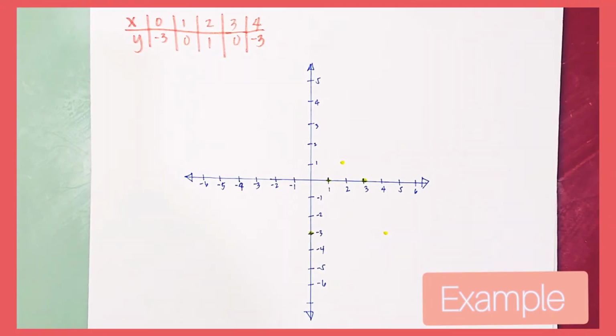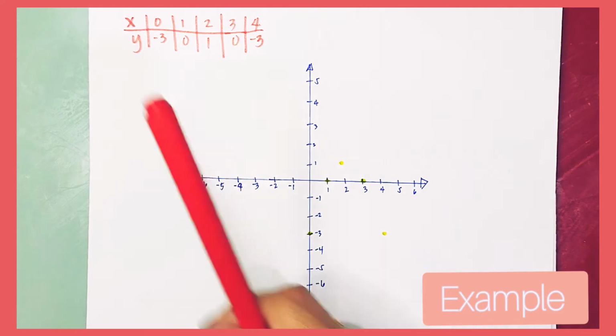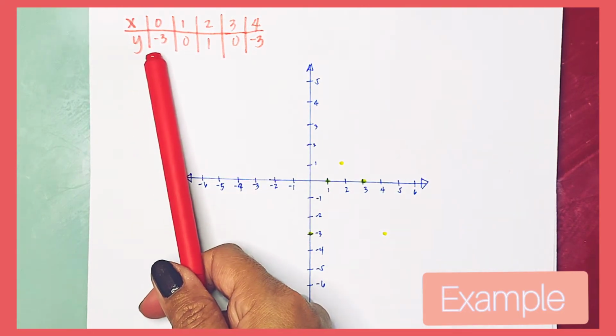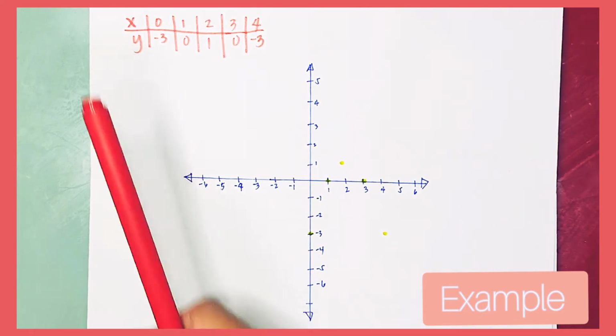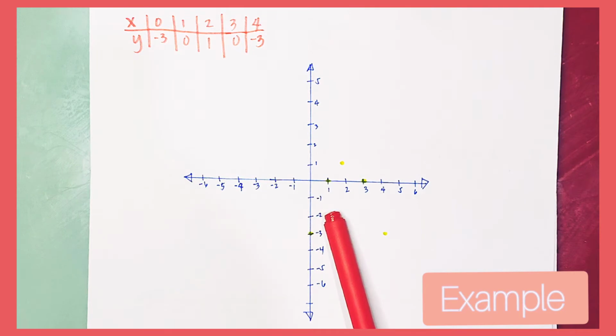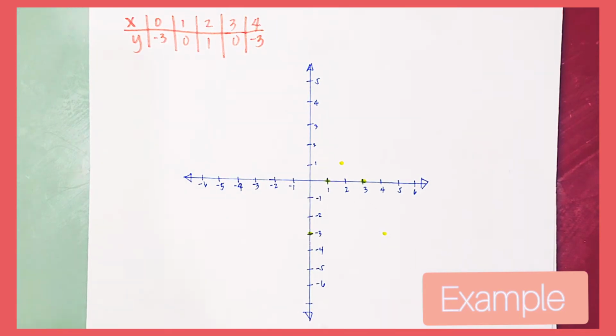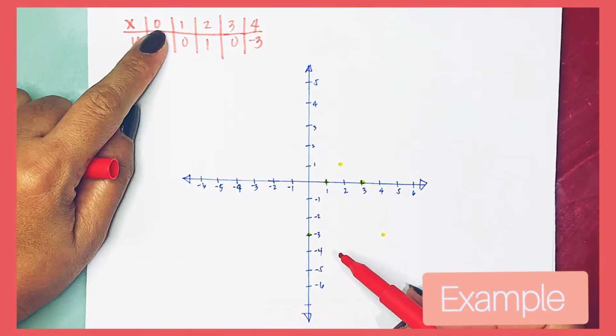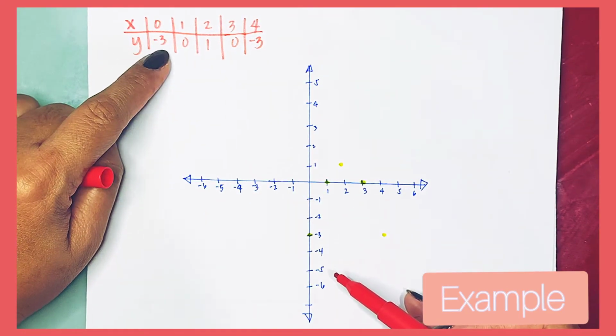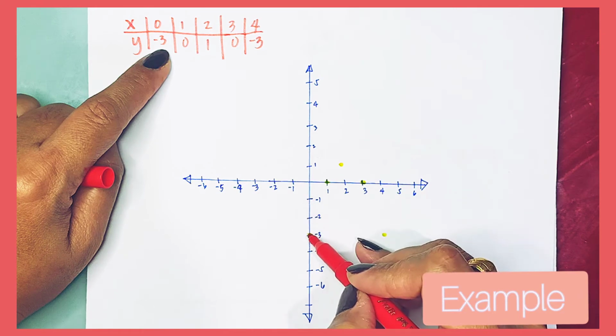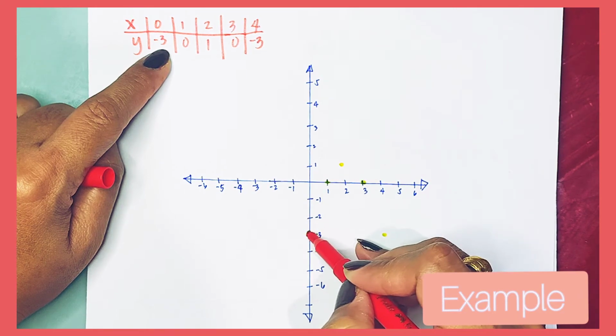Step number 4, we are now ready to sketch our parabola. From the table of values we solved, we are going to plot these points using this coordinate plane. If your x is 0, your y is negative 3. So this is 0, negative 3.